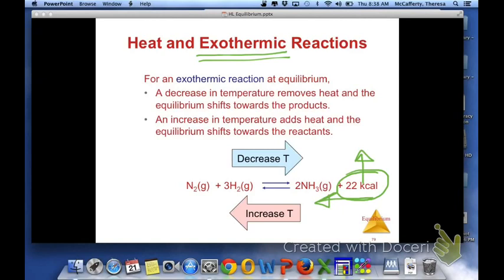If I decrease my heat, I'm decreasing the concentration of a product, so it is going to shift the equilibrium to the product side. It all pertains to looking at where that heat goes. In an exothermic reaction, the heat is considered a product.